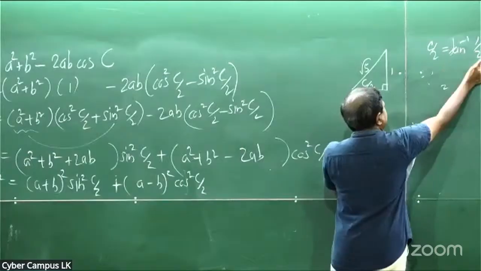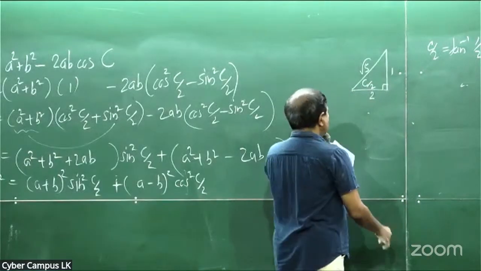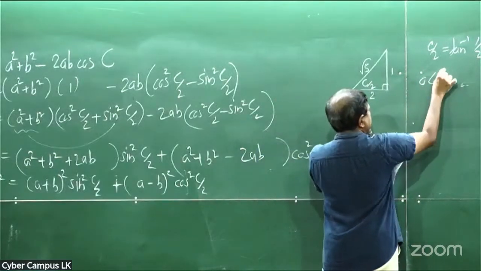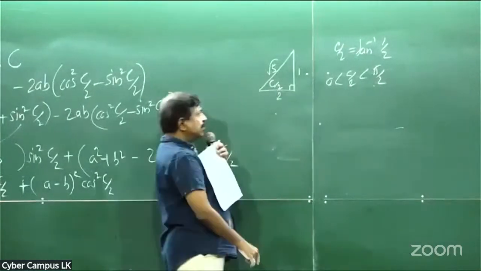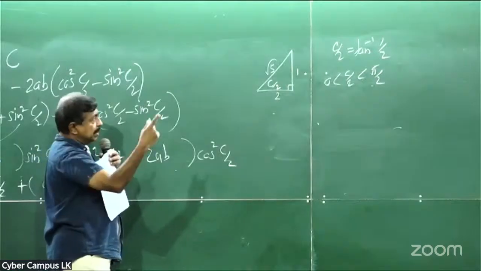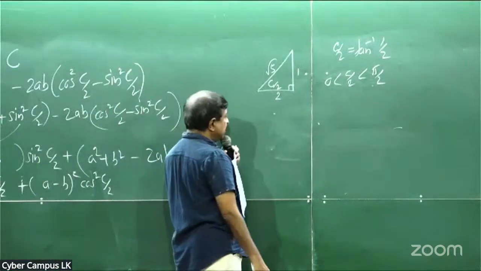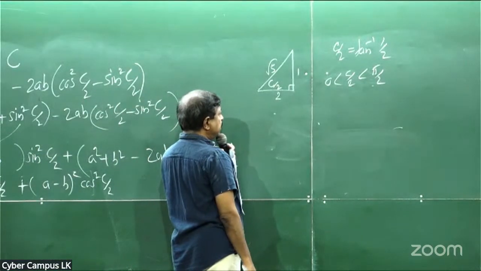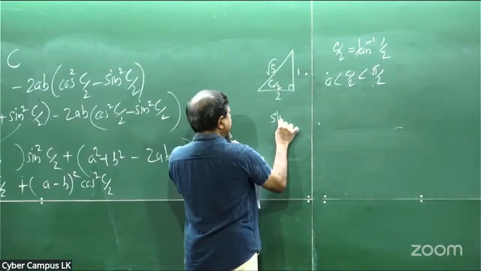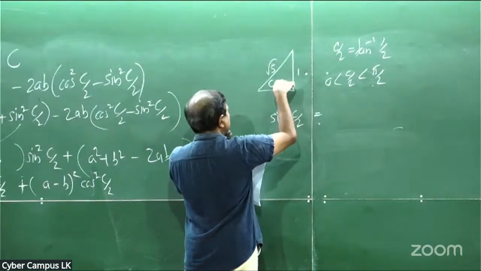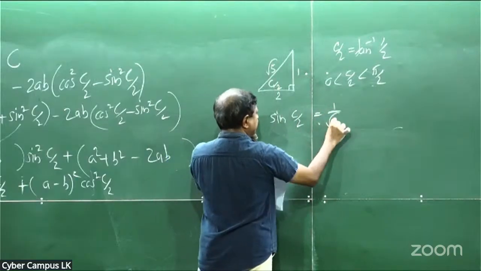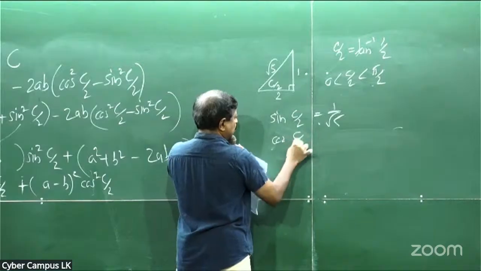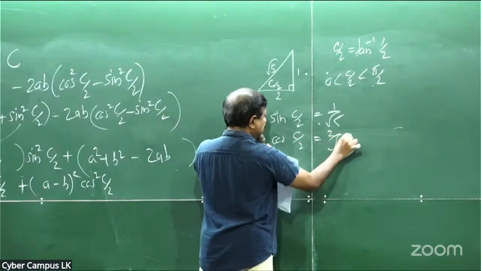So you can find, okay, C over 2 is an acute angle, clearly, because C should be less than 180 anyway. So you can find sine C over 2, which is 1 over square root 5, and cos C over 2, 2 over square root 5.